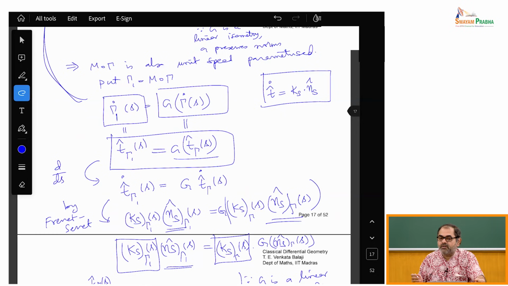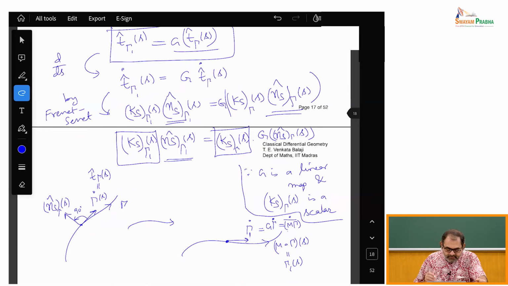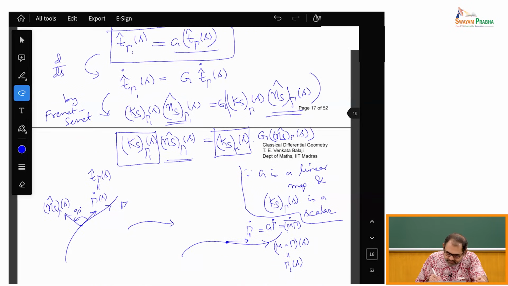For the new curve, the gamma 1 dot is G of the original gamma dot of the original curve, all right. And look at applying G to this, okay. If you apply G to this, I claim that you will get the signed normal of gamma 1.